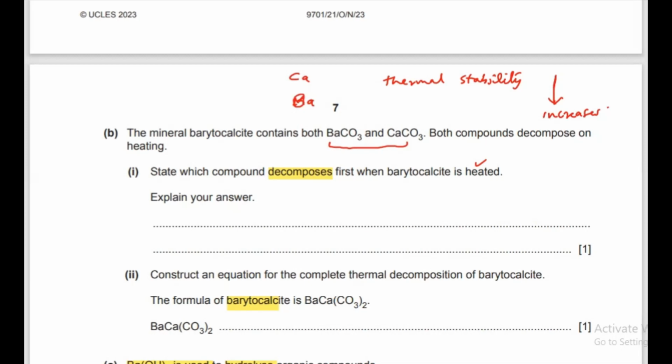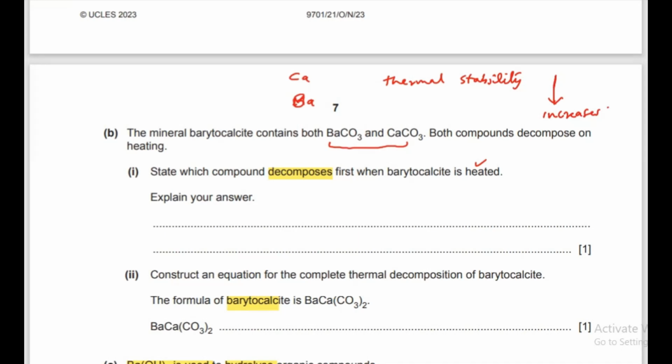So which compound decomposes first? If we have a mixture of barium carbonate and calcium carbonate, barium carbonate requires more temperature to decompose. Thermal stability increases down the group. So barium carbonate requires more temperature to decompose, but he's asking which compound decomposes first.